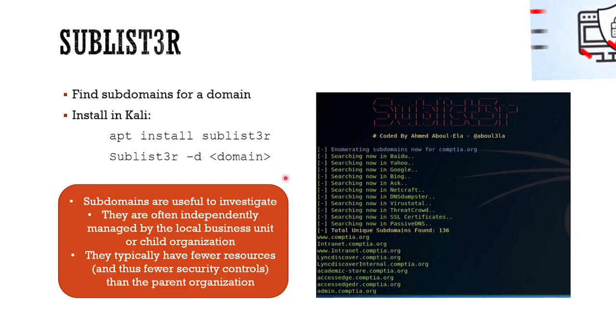And the cool thing about finding the subdomains is, you've got the parent company, and we've talked about this before. They probably have all the resources and the skill and the security necessary to protect their various resources, right?